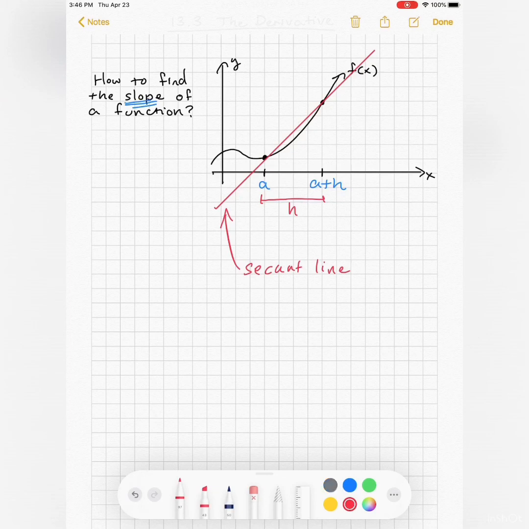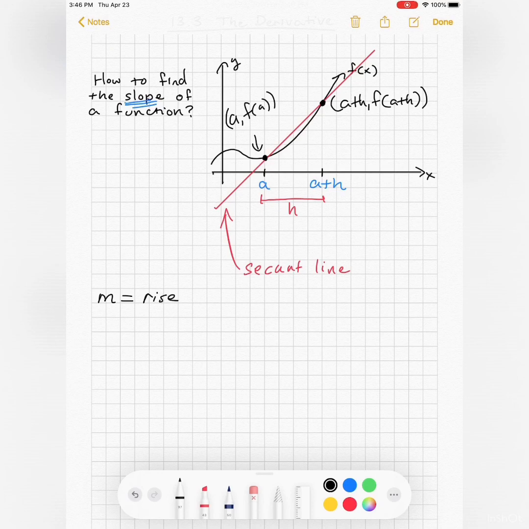And so what I can do is, now I'm looking at a line through the 2 points. I guess this point would be a comma f of a, and this one would be a plus h, f of a plus h.